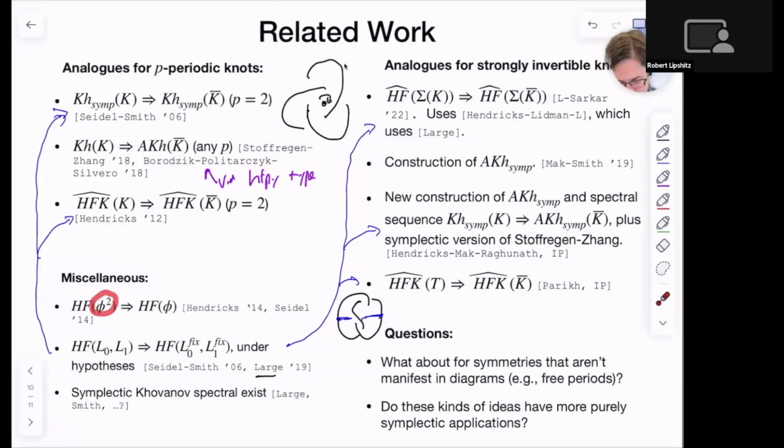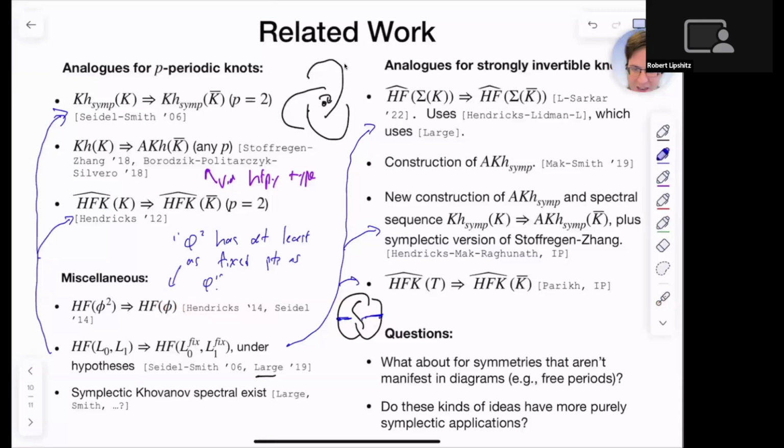So this is morally saying that phi squared has at least as many fixed points as phi. Though, of course, it's not really saying that. It's saying that some version of that statement is preserved under Hamiltonian isotopy.